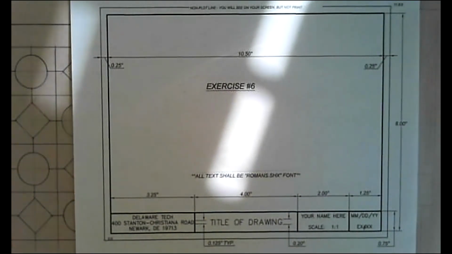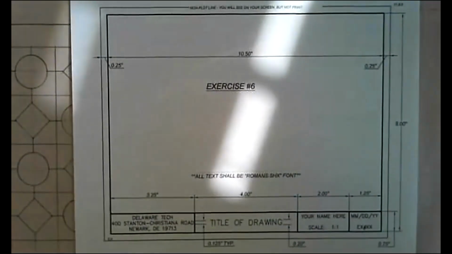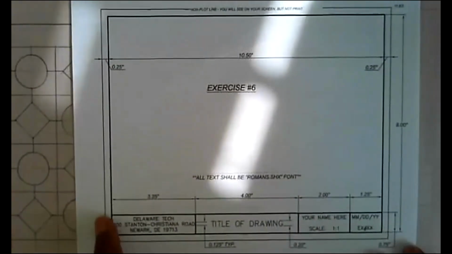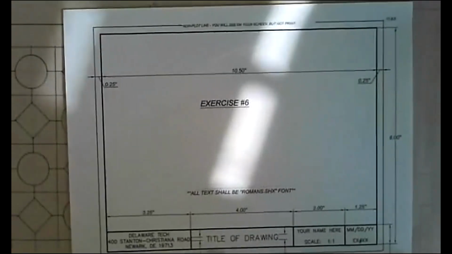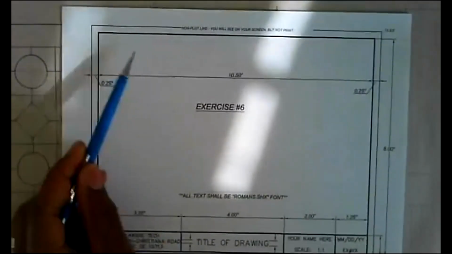From these dimensions, we see that we are going to be creating this title block, having these lines and text. When we look at the handout, we see that this outer line here actually represents the actual size of the paper.